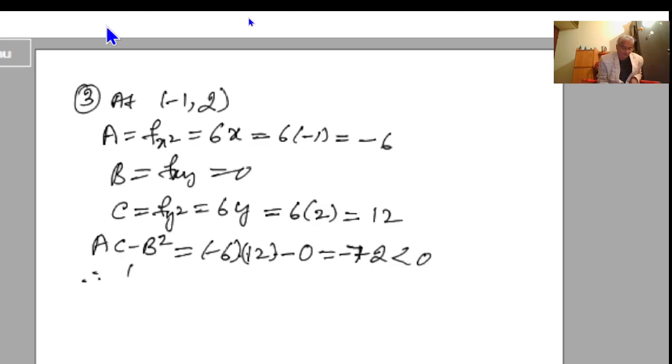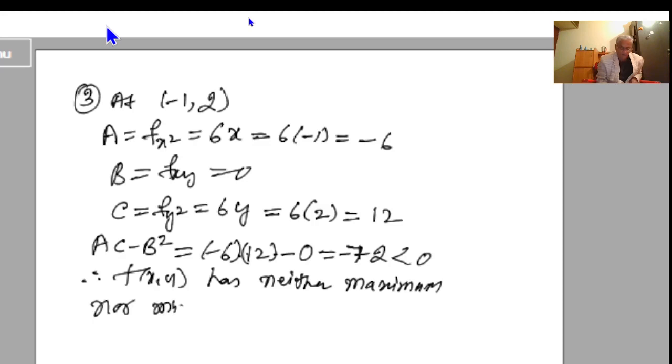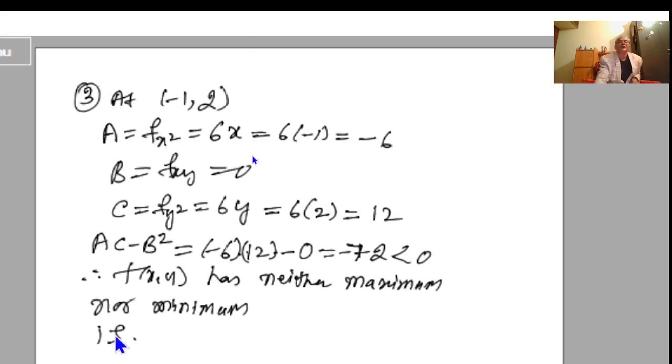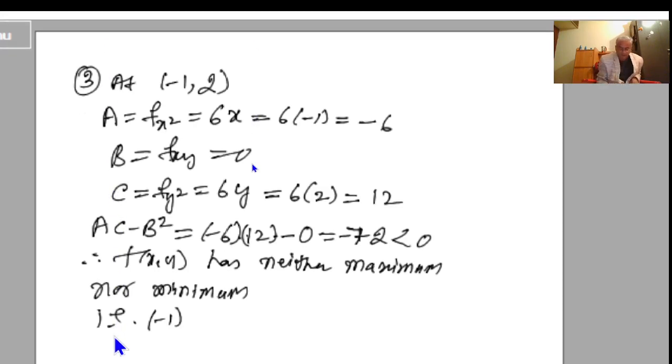So therefore here also f of x comma y has neither maximum nor minimum. So this point is also a saddle point. Minus 1 comma 2 is a saddle point. Okay.